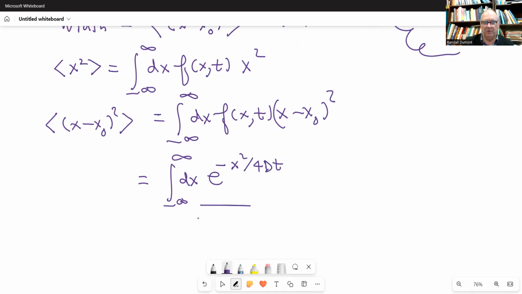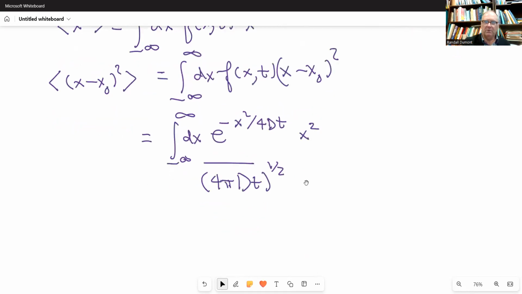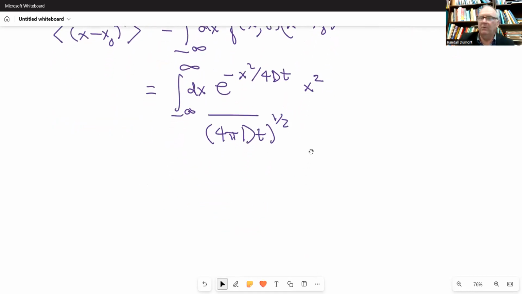Sorry, because that was the other one. This is a normalization. And then we have x squared. Of course, that's a standard integral that will be available on Wikipedia, but I thought this would be a good opportunity to illustrate Feynman's integral trick, if you don't already know that.